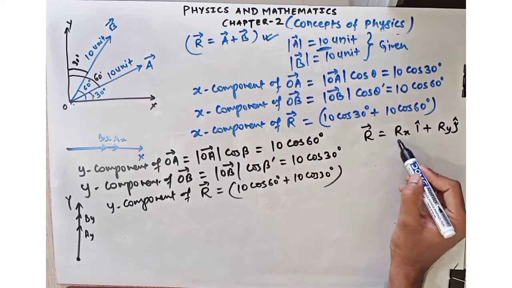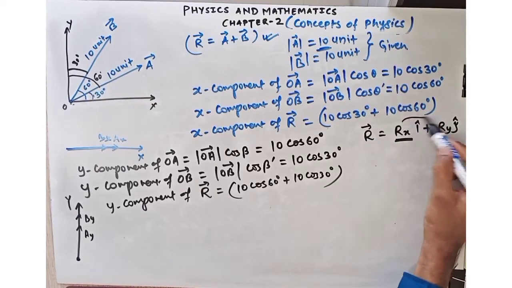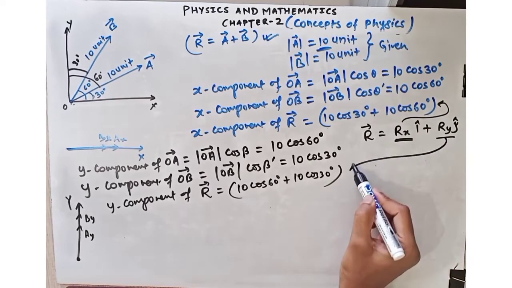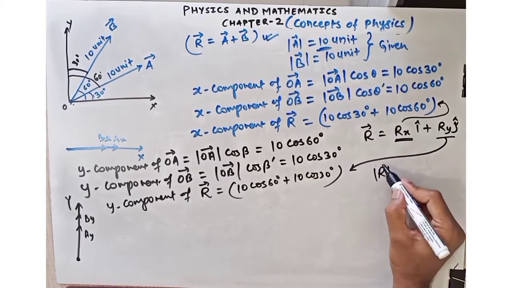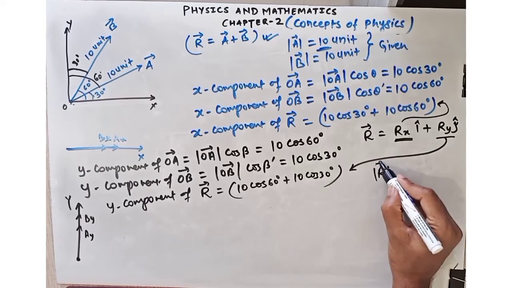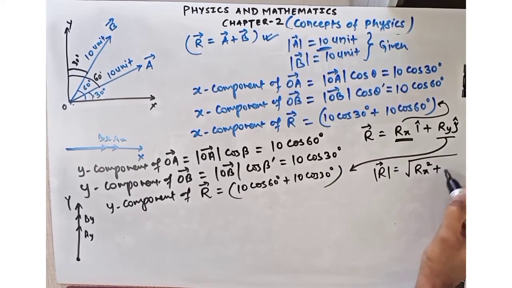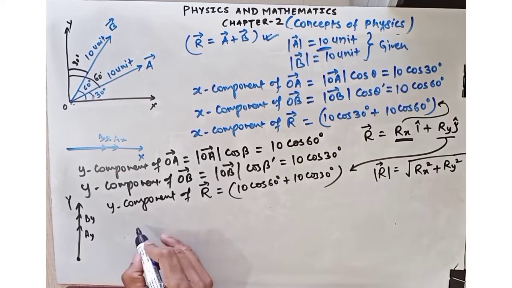Here rx represents the x component of the resultant vector, which is this value, and this represents the y component of the resultant vector, which is nothing but this value. And how can we find the resultant? You must be knowing the formula. The resultant would be the square root of rx square plus ry square. We just need to square the x component and the y component and take the square root of that. So let us do that.